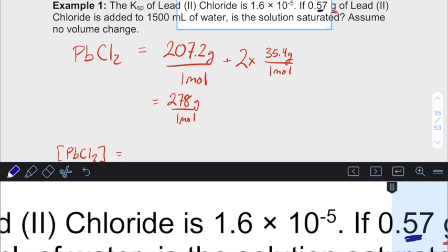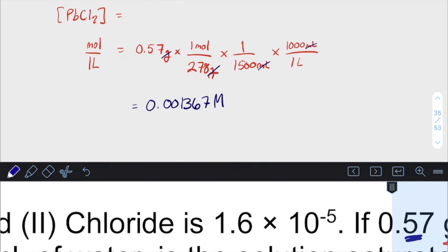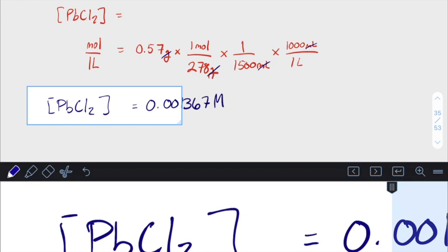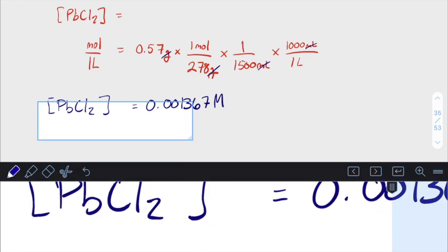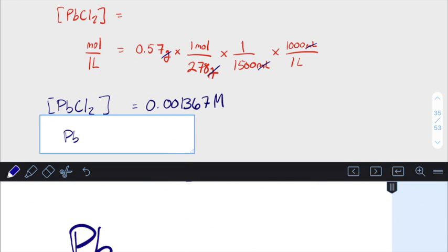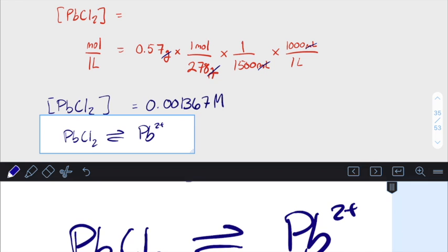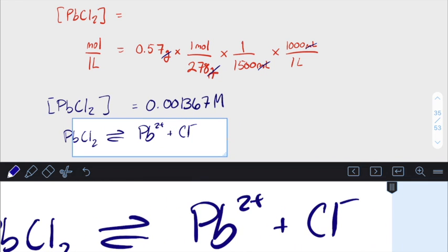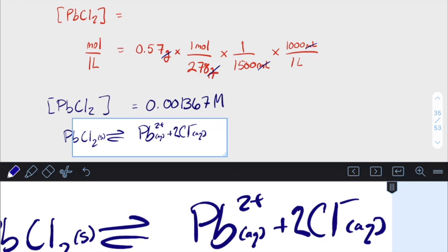So the Ksp is this. Now this is just the concentration of lead chloride if all that lead chloride is able to be in solution. I know that lead chloride, the solid, breaks down into its component parts, the lead 2 plus and the chloride minus, in aqueous form. And I'm going to get 2 of those, actually.